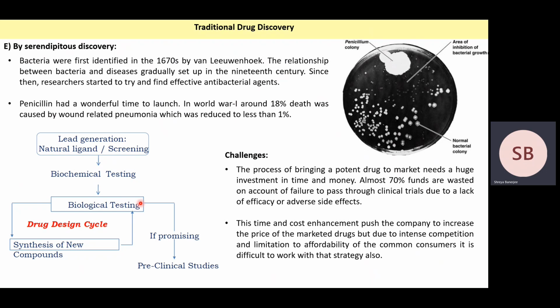If the biological testing is promising, it can go for preclinical trials. But if it is not promising, then new compounds have to be synthesized from the lead compound. And again, the biological testing has to be done till it becomes promising and can be sent for preclinical trials.